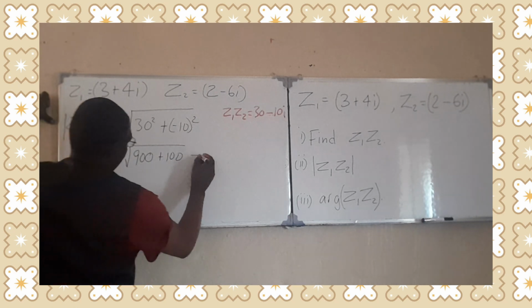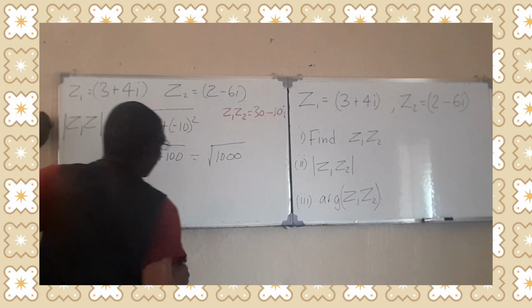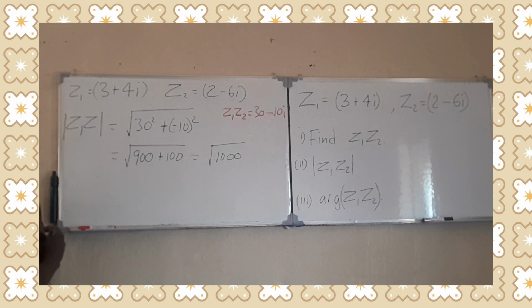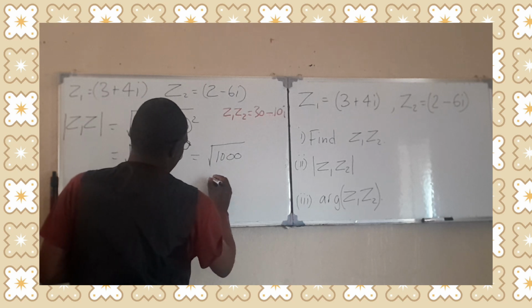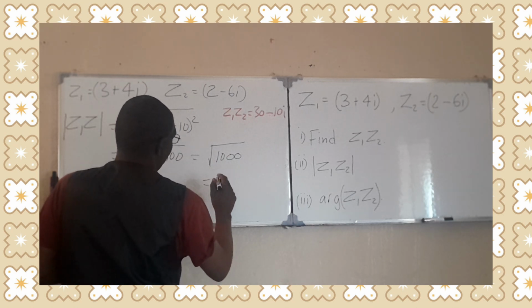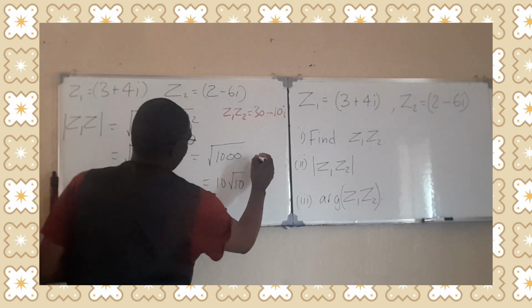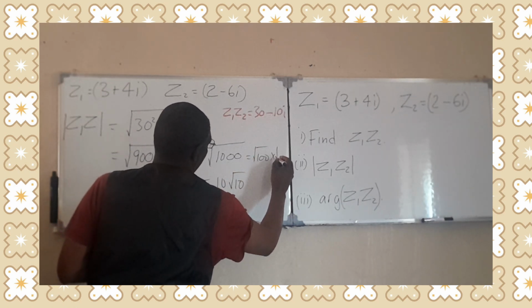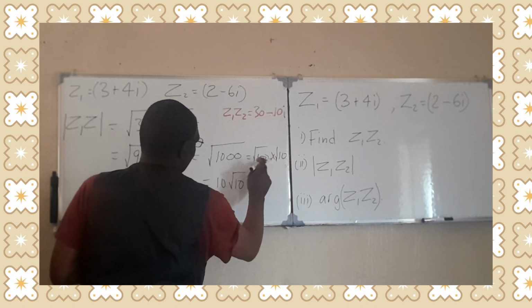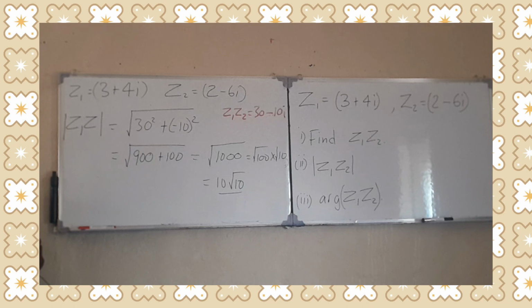So this finally equals the square root of 1000. 1000 is 100 times 10. So when we simplify, it becomes 10 root of 10. Because remember, this is equal to root of 100 multiplied by root of 10. So root of 100 is 10, and we're left with root of 10. So this is the modulus of Z1 multiplied by Z2.